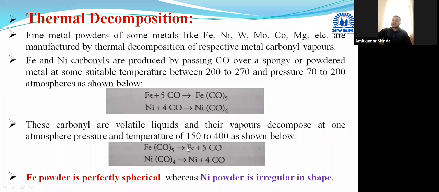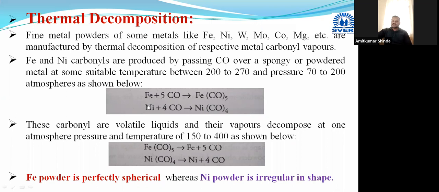Now, whichever iron powder particles are produced by this thermal decomposition method, these iron particles are spherical in nature. Here you can see I have highlighted spherical in nature or spherical shape. Now, this same thermal decomposition reaction can be used for manufacturing nickel powders. Okay, how is it done?